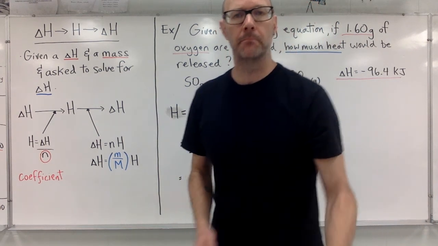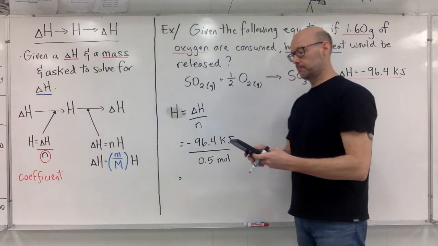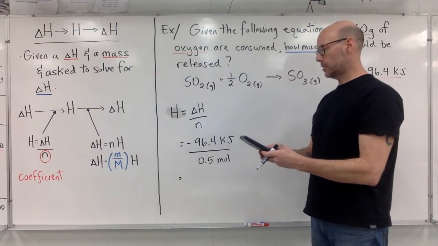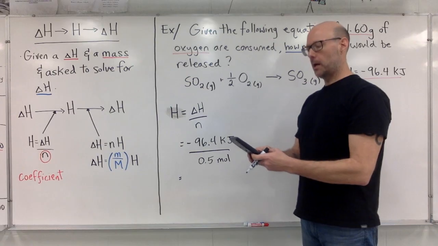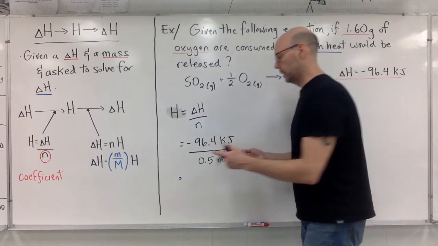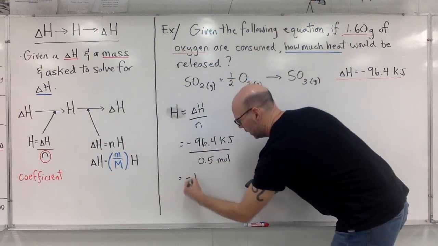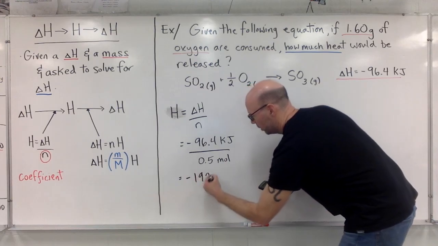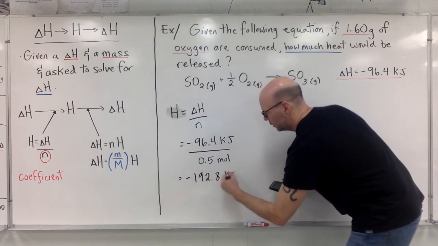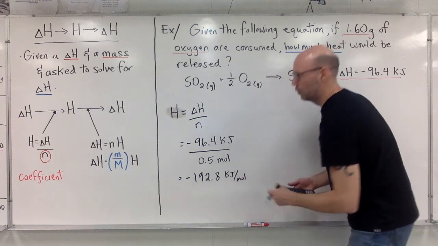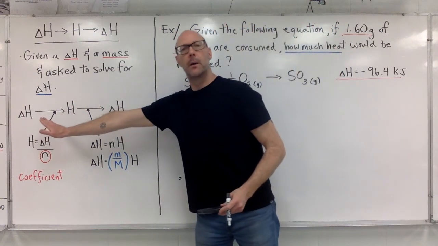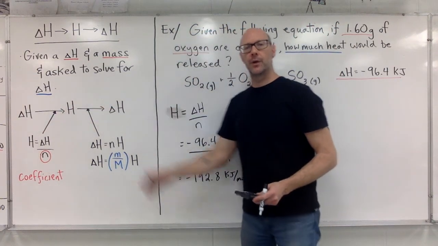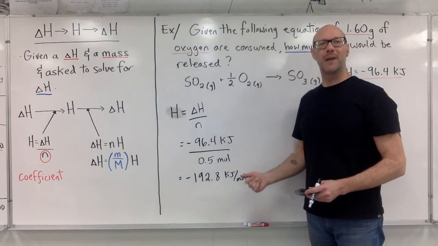I'll take my time, I'm going to calculate it. Negative 96.4 divided by 0.5. No problem. Negative 192.8 kilojoules per mole.